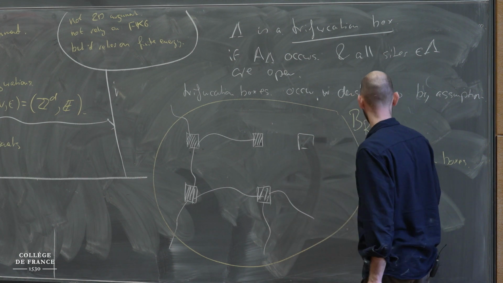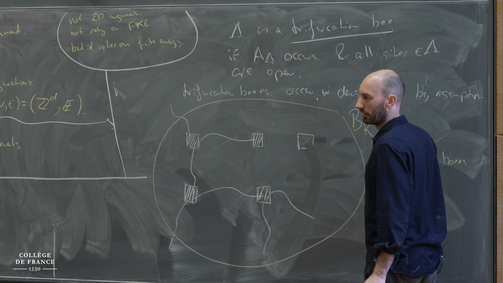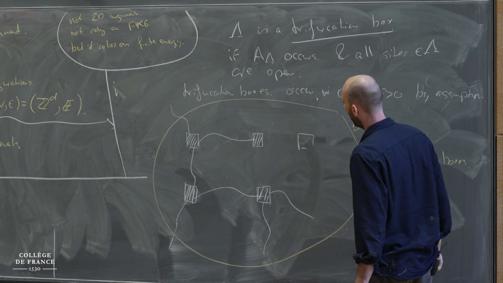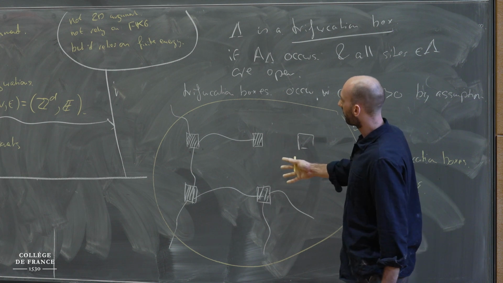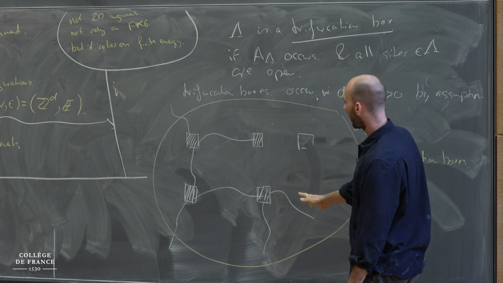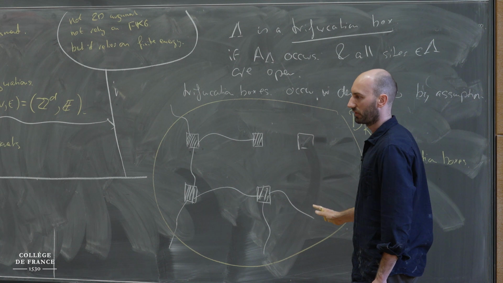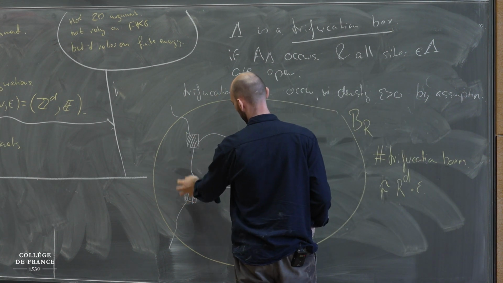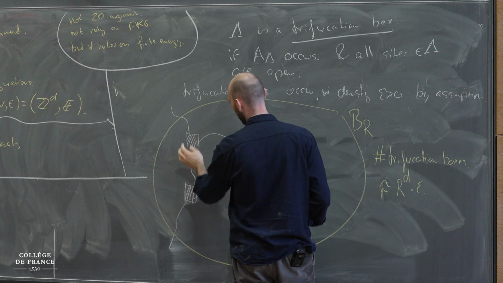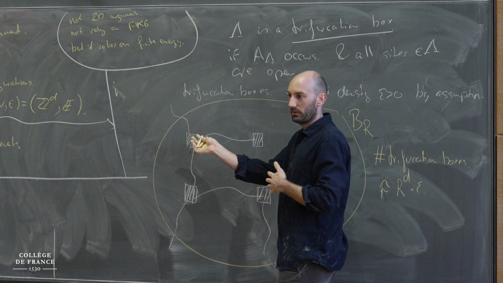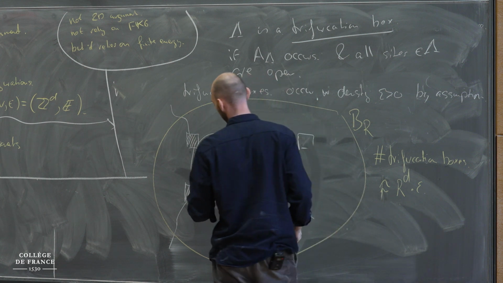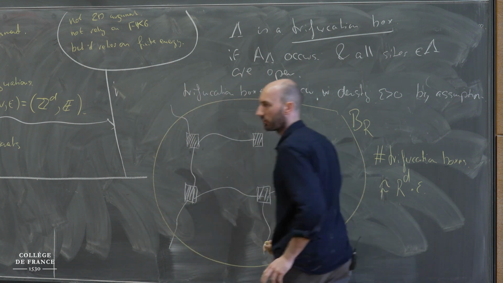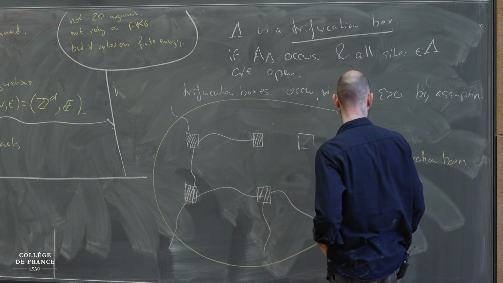I have a density of epsilon, and the volume of my ball is R to the D. But by definition of a trifurcation box, these trifurcation boxes behave like a sort of tree. So the boxes, they are the vertices. They all have degree 3 or higher. They can connect to each other, or they can kind of point out of the boundary of this box. Okay?